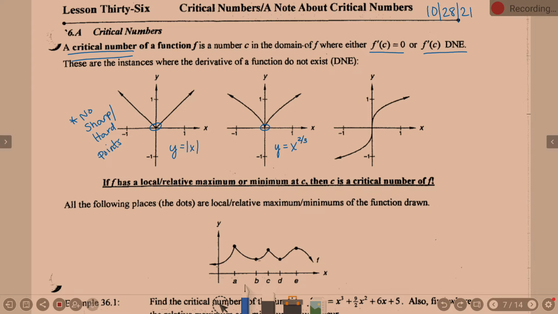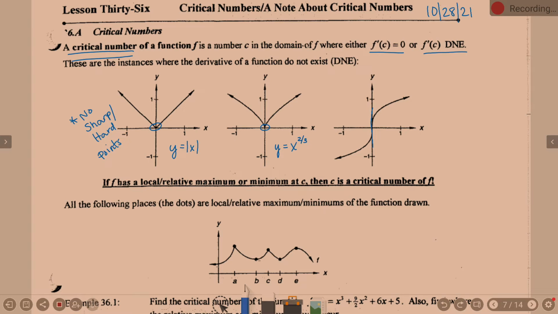And then on this last one, what happens when we try to draw the tangent line here at 0, 0? My tangent line is going to end up vertical. And what is the slope of a vertical line? The slope of a vertical line is undefined.